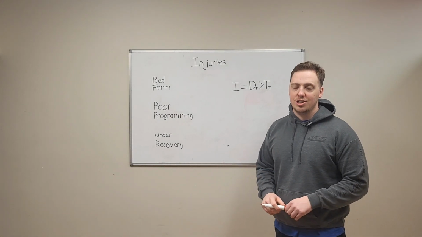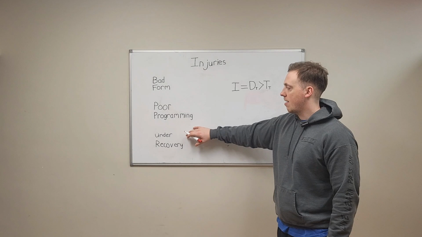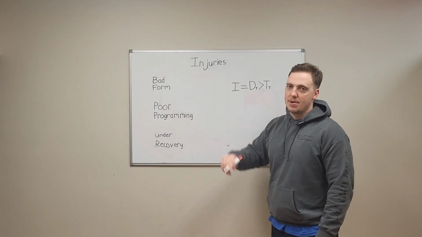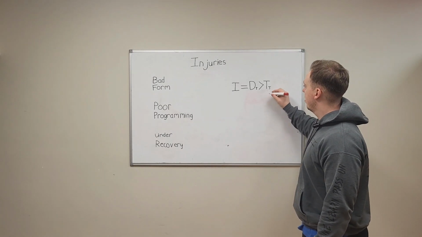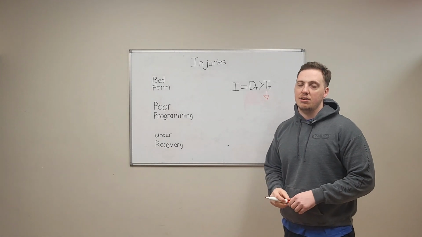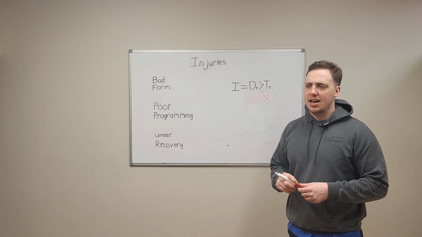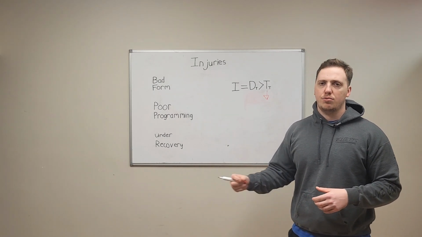Get your sleep in check, because if you're not recovering well, even with great programming and great form, the tolerance of this tissue will drop. And that's why you see sometimes somebody says, hey man, I injured my hamstring doing this exercise.